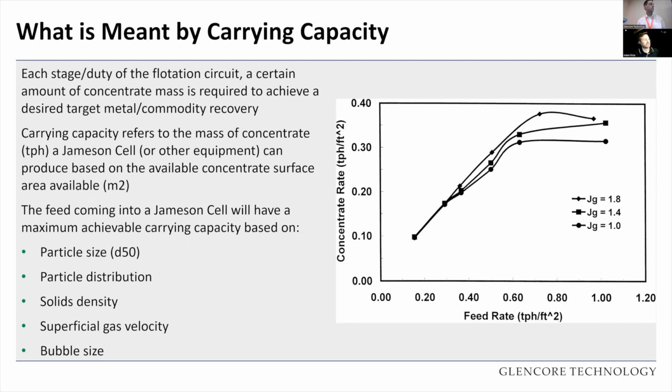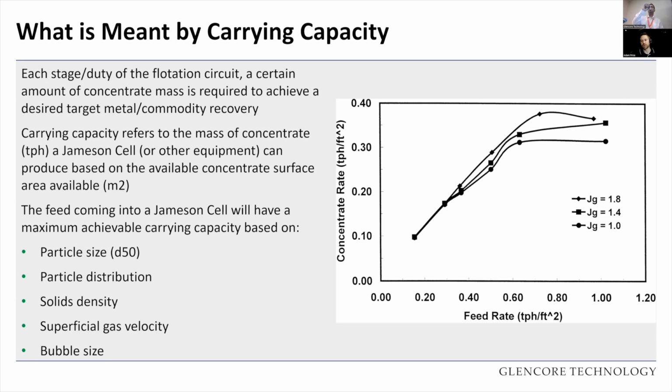So diving a little bit deeper into carrying capacity, what that actually means. For people that aren't aware, carrying capacity is looking at the amount of concentrate that can be produced per surface area, or metre squared, available on the surface of the cell.